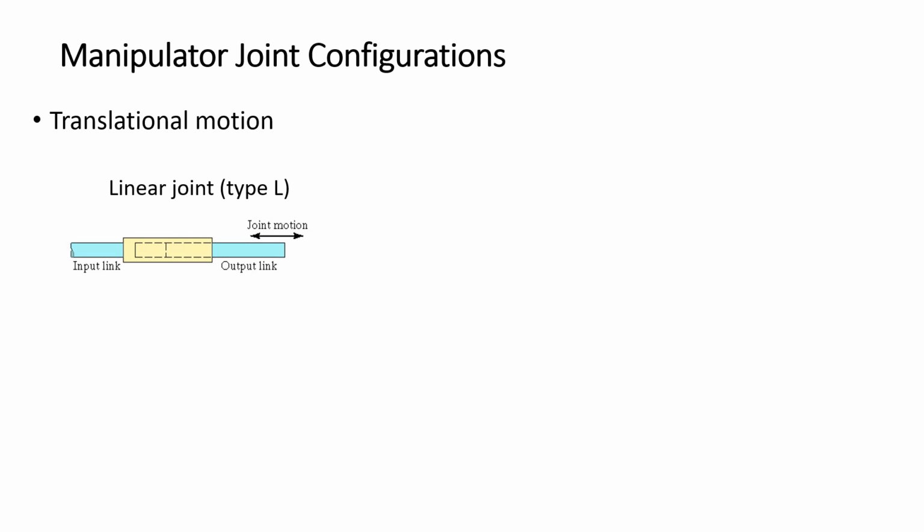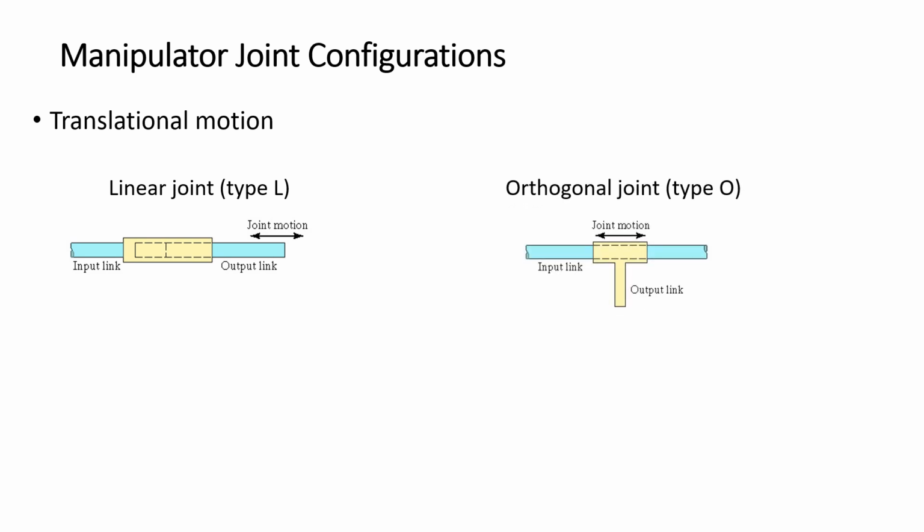Now, what are the manipulator joint configurations? We just discussed that when the links get joined, they form the joints. Depending on their motion, we have different configurations. We can have a translation motion. If an input link and output link form a joint, and the joint motion is linear, it is denoted as L. Then the orthogonal joint.